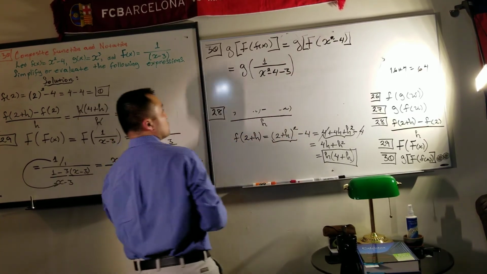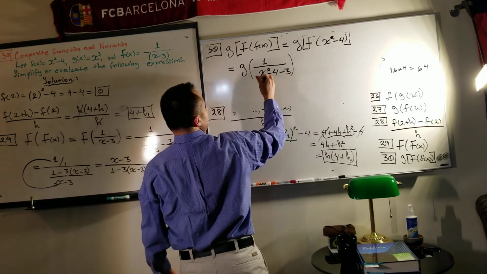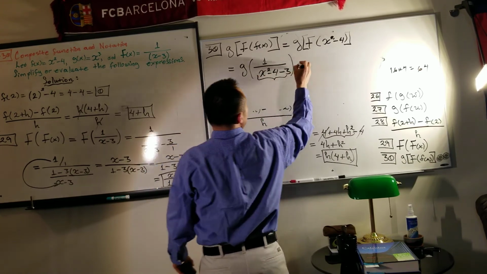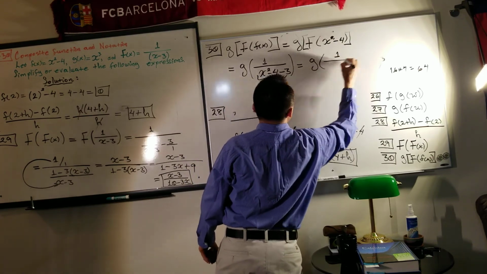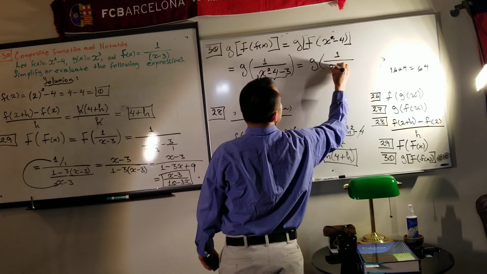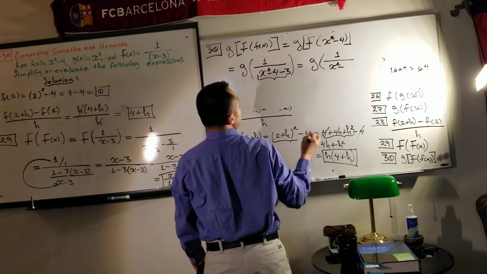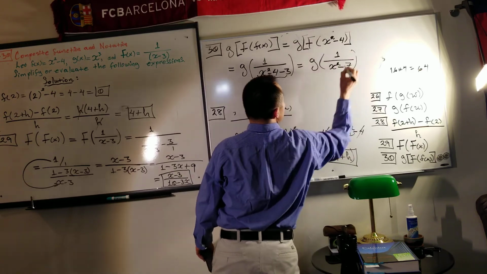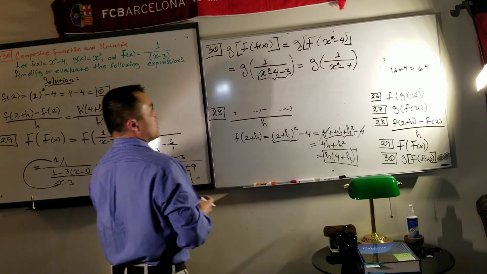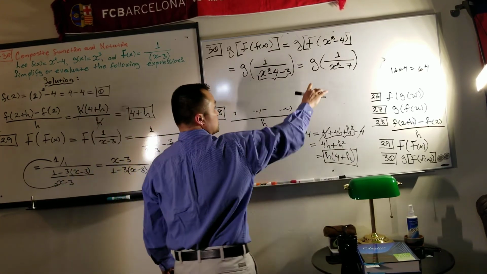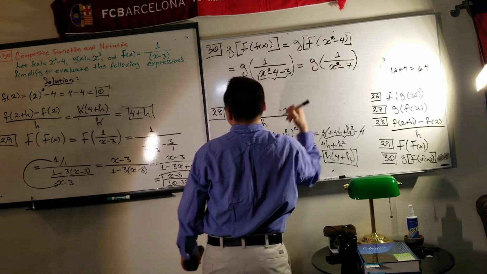And as you can see, we can reduce this expression right here, right? This is going to be equal to g of 1 over x squared minus 4 minus 3, that is minus 7. All right, and now we have this expression, g of 1 over x squared minus 7.